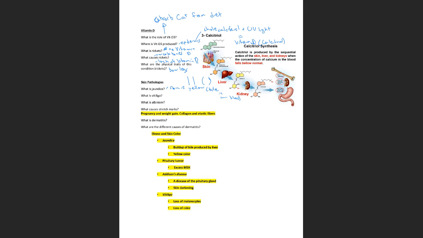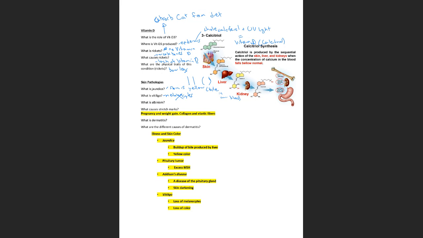Vitiligo is an issue with melanocytes. These cells that produce melanin start dying off, making your skin color lighter than the rest of your body. Albinism: with vitiligo, you do have melanocytes, but something later in life triggers them to die off, and melanin is not produced.